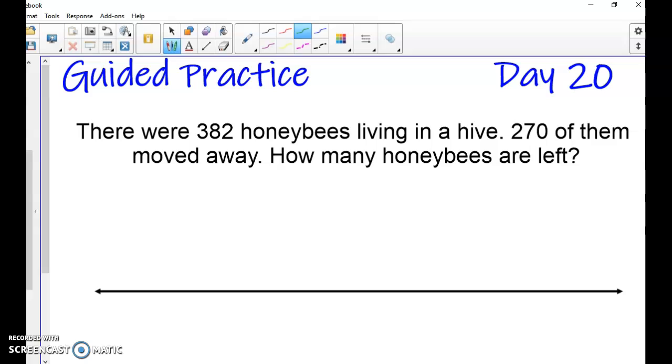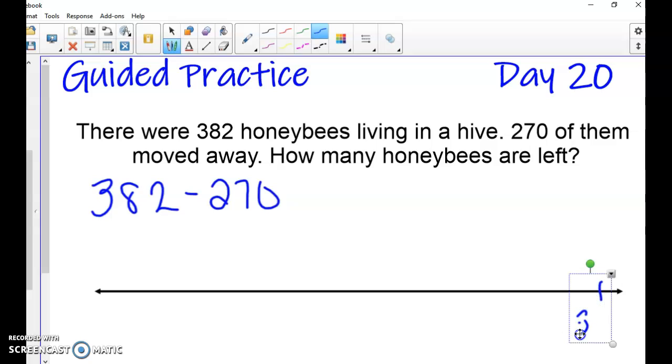There were 382 honeybees living in a hive. 270 of them moved away. How many honeybees are left? So we need to write our equation first, which is 382 minus 270. I'm going to start with the bigger number, 382.